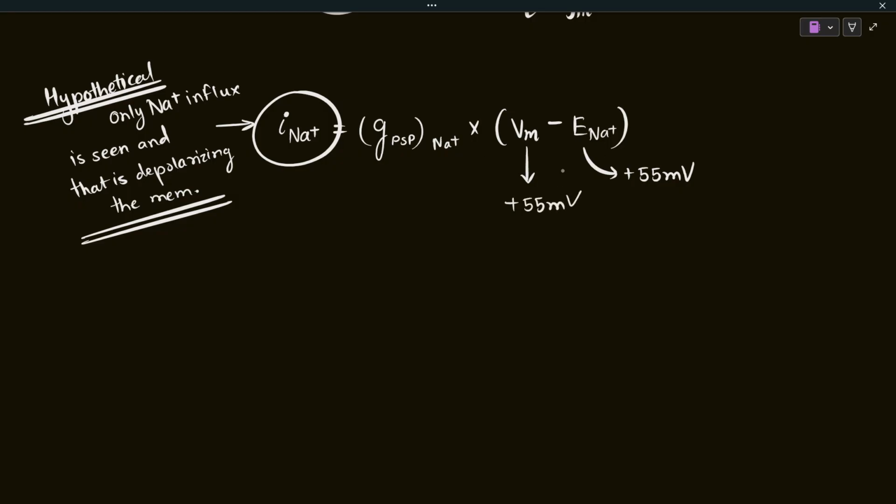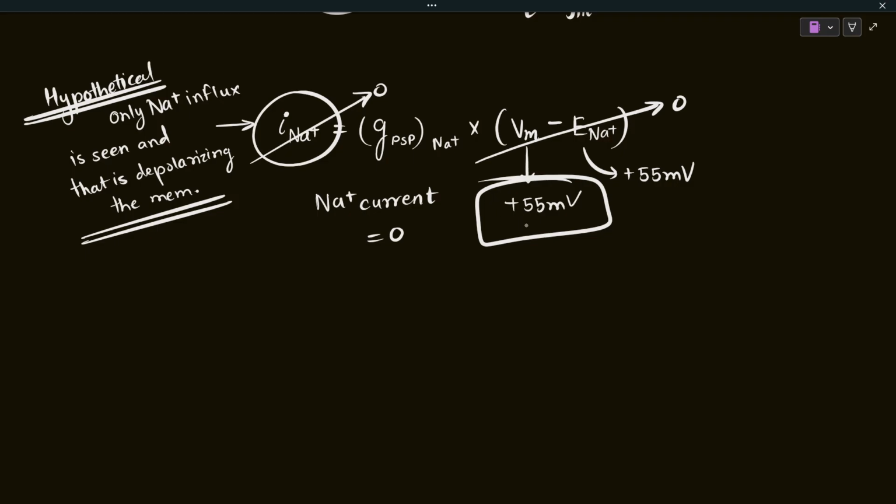Once I equalize the membrane potential to the equilibrium potential of sodium ions, this term will get to zero, and this means that no ion current will be generated. So there will be no sodium current. Sodium current is equal to zero, which means that sodium ions are not moving. The potential at which the net ionic current for that particular ion is zero is known as the reversal potential. So this is the reversal potential.